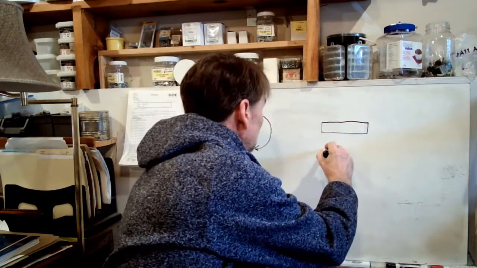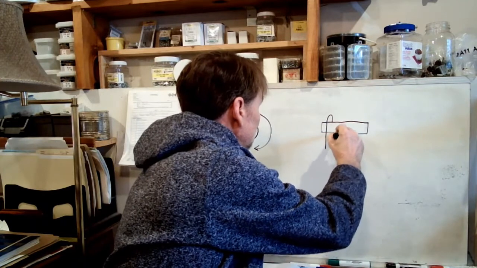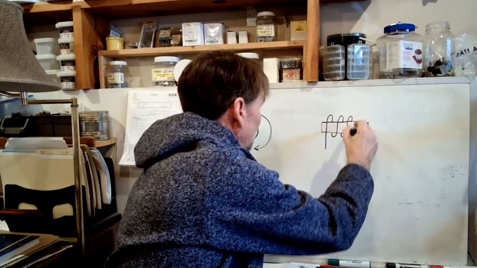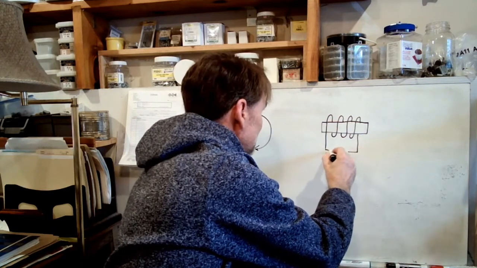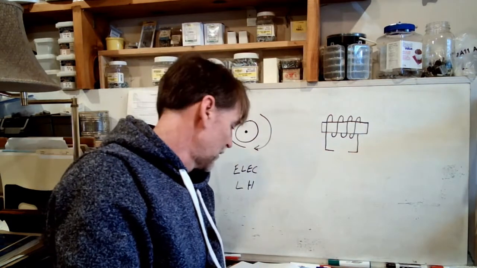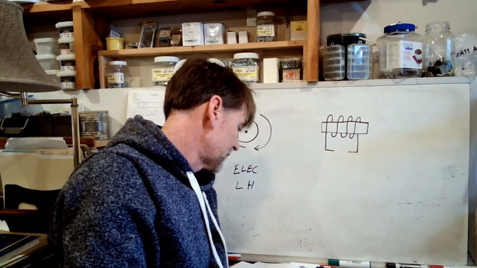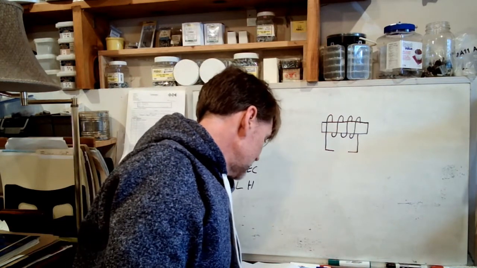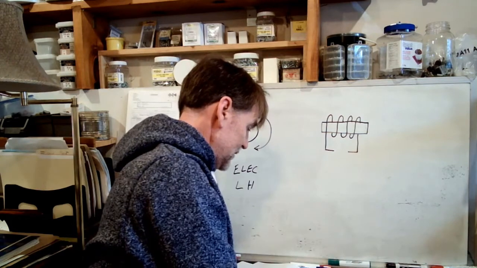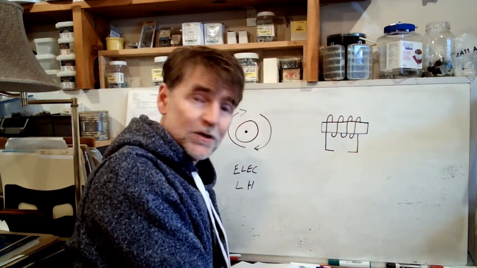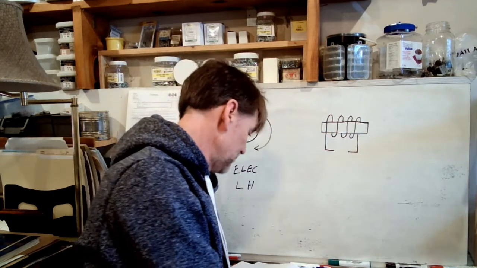So here's the coil of wire wrapped around that core, just like that. The diagram shows us the first one on the left corresponds to the first row in the table.